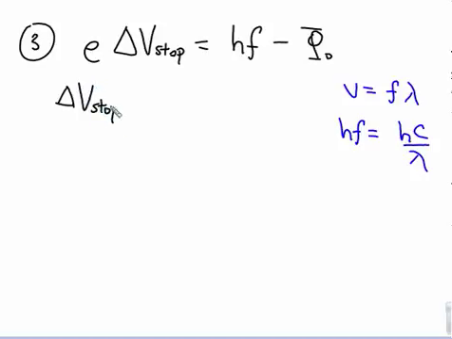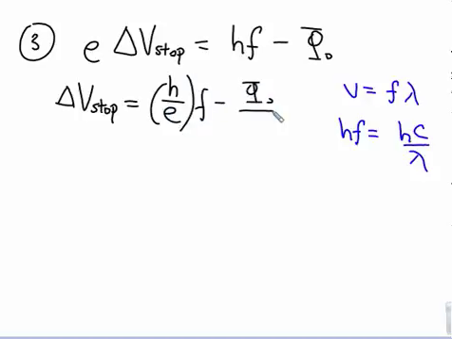If I divide this equation throughout by E, what I end up with is this expression here. This expression, I hope you will recognize, is in the form y equals mx plus c.